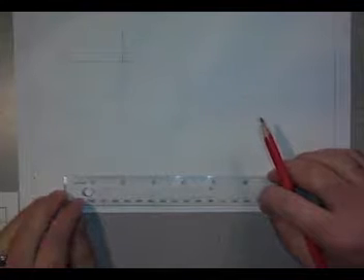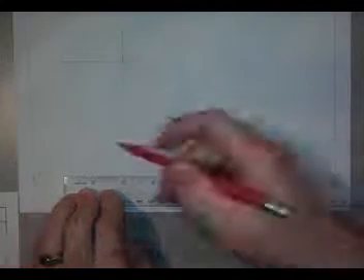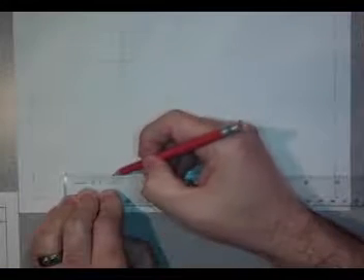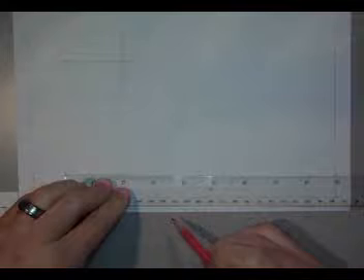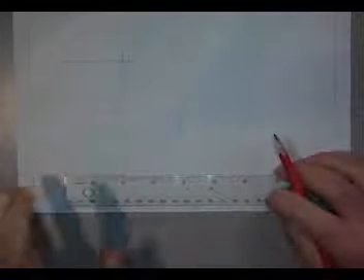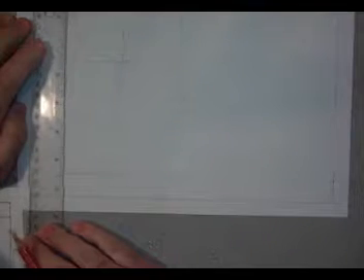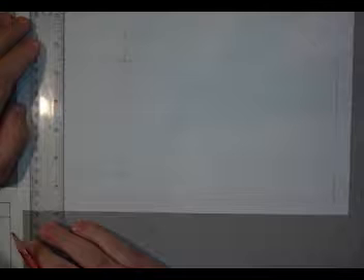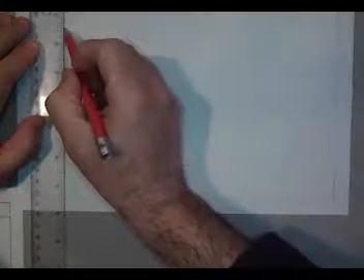So I'll come down here and say I want this to be 2 inches. I'm using my ruler so that it's parallel to the edge of my page. I'm using every single edge that I know is at a right angle to make sure that all my edges are parallel. I'm going to come up here and draw a light line.